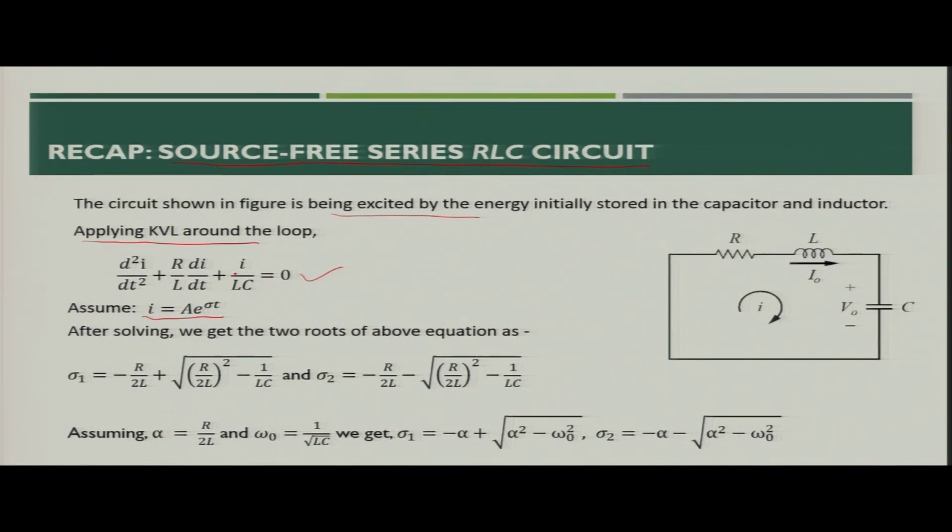Putting this into the above equation and solving it, we found that there are two roots, sigma 1 and sigma 2. We assumed alpha is R by 2L and omega naught is equal to 1 by under root LC. When we simplified, we got sigma 1 as minus alpha plus under root alpha square minus omega naught square, and sigma 2 as minus alpha minus under root of alpha square minus omega naught square.